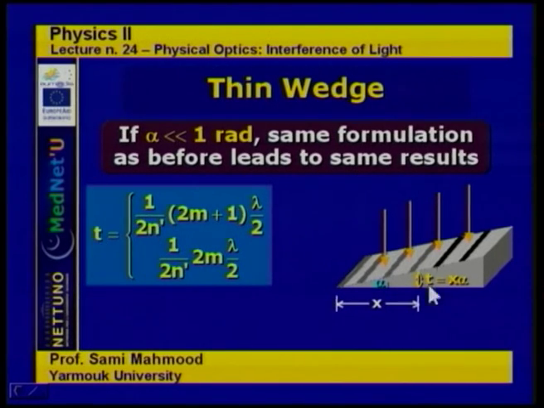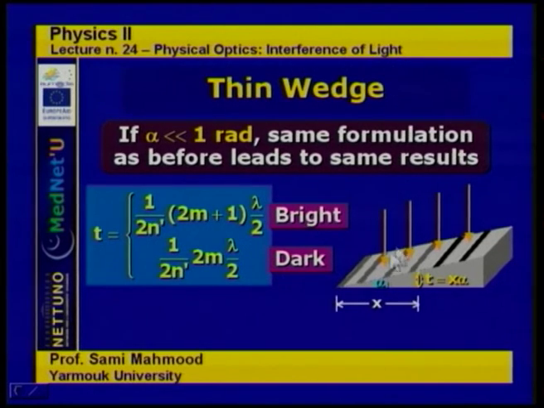T, the thickness at a given point, is equal to 1/(2n') times (2m+1)λ/2 for the bright fringes. At this thickness, we get bright fringes. And at the thickness given by T equal to 1/(2n') times 2m λ/2, we get destructive interference and dark fringes.